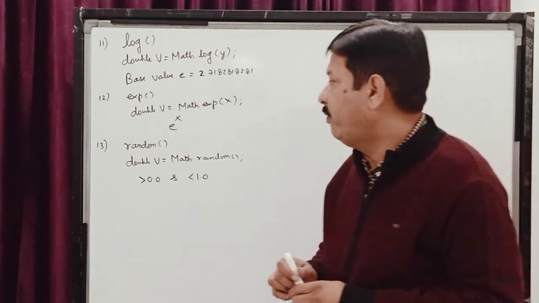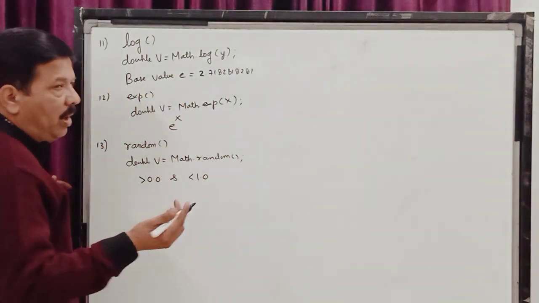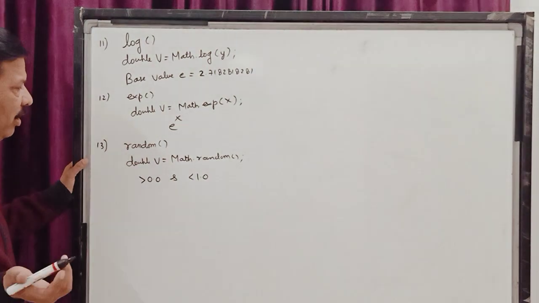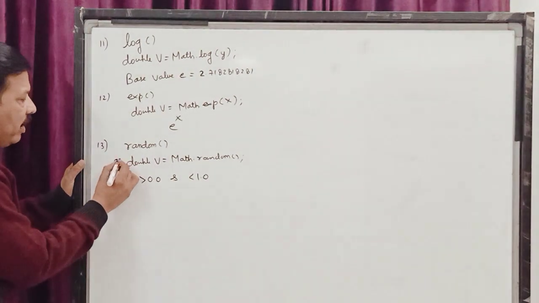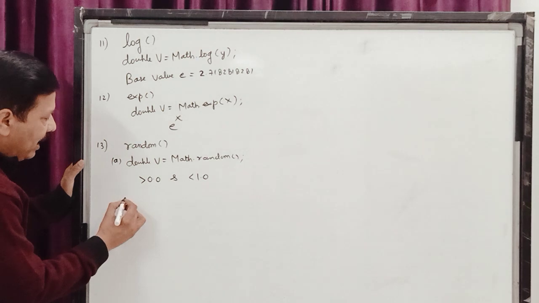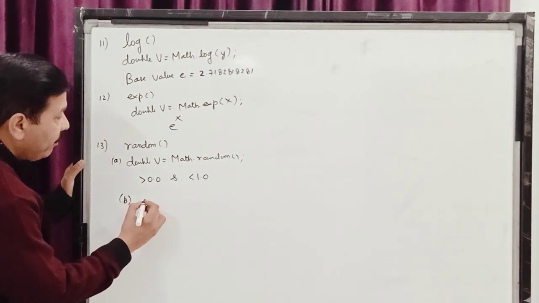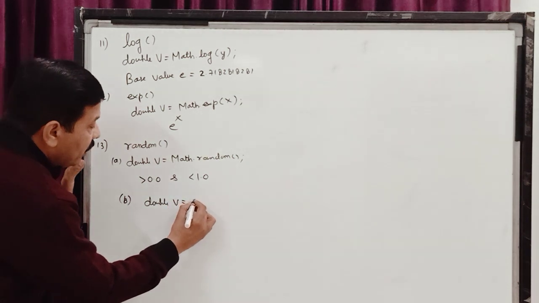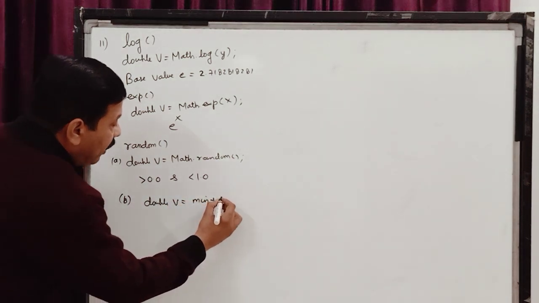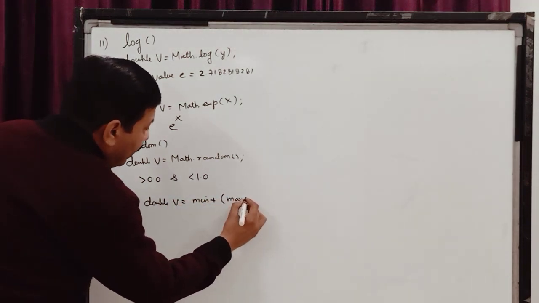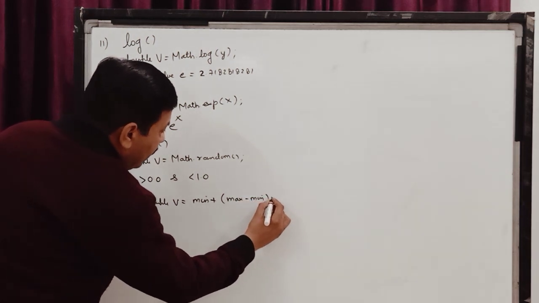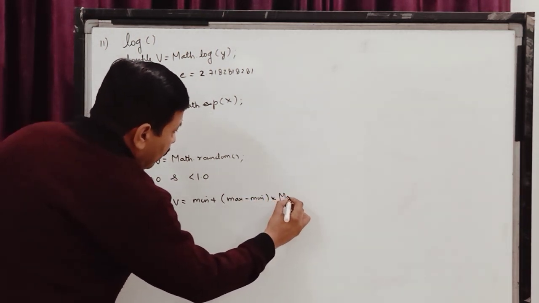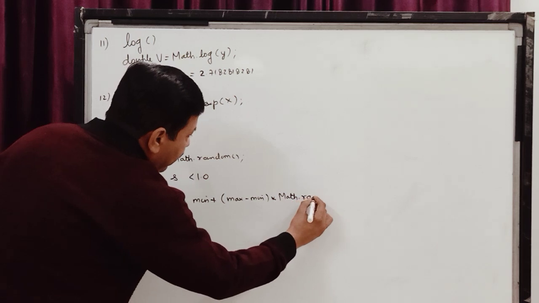Say if I want to find out a value between two numbers, minimum and maximum, then I can use this function in another way: double v is equal to minimum plus (maximum minus minimum) into math.random().